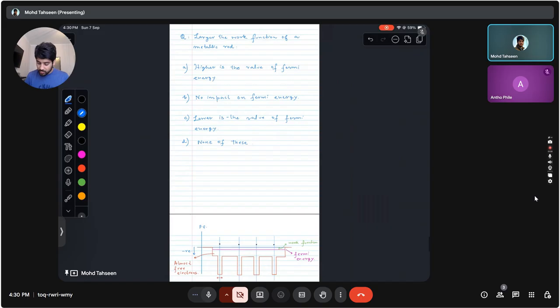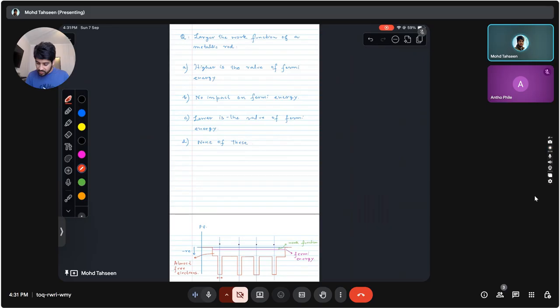But if the Fermi energy is larger in terms of magnitude, that means it's far off from the zero line, the reference line. In that case, work function will be very large. For this problem, that is the interpretation that has been taken. Larger work function means that it's further away from the zero reference line.